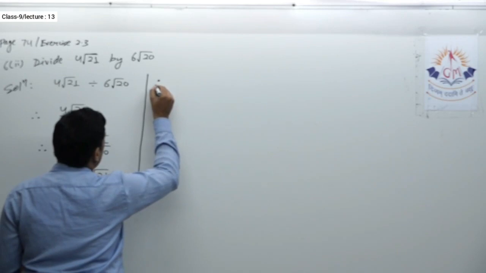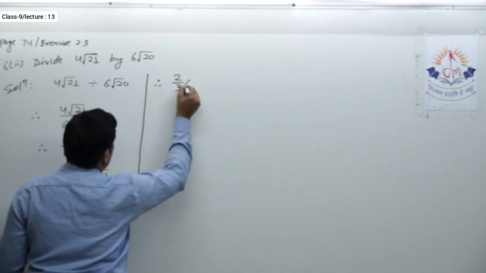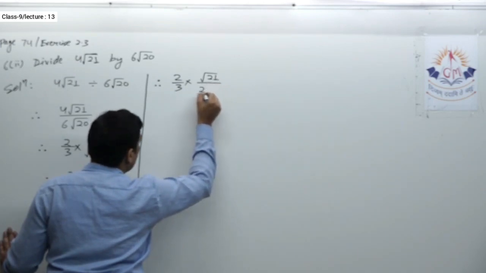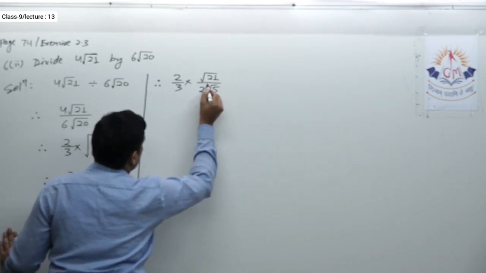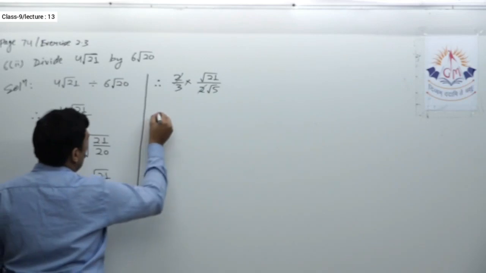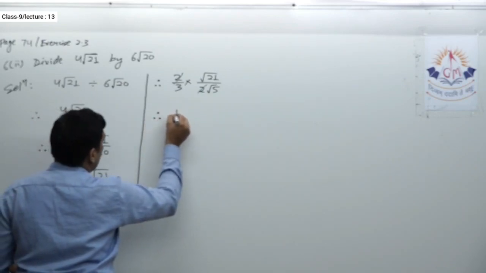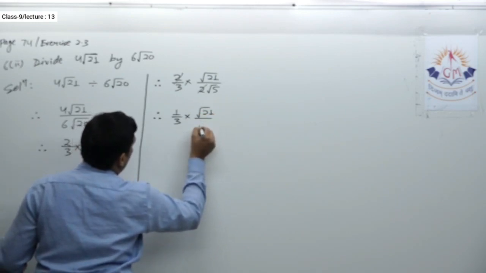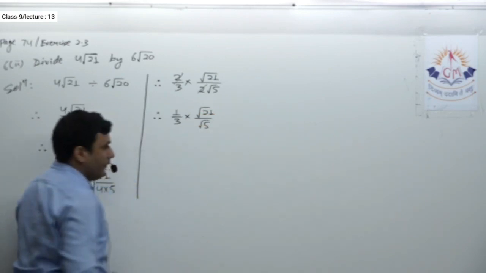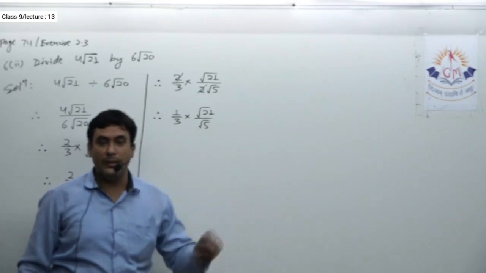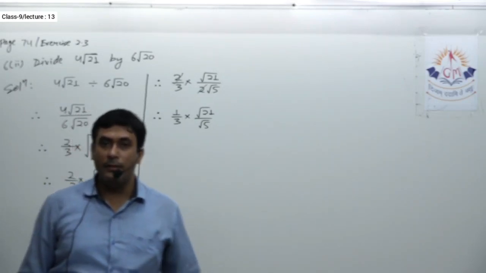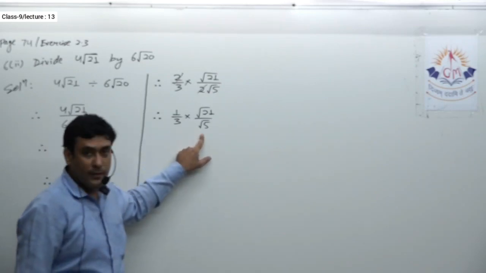So here I get 2 by 3 into... let me write it in this way so that it will be easy to understand. Now I can cancel again. So here I have 1 upon 3 into root 21 upon root 5. However, I told you never leave the answer in which the denominator is irrational. Here the denominator is irrational.